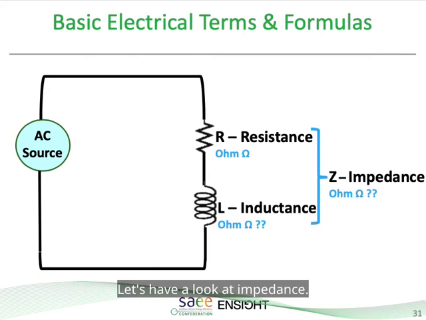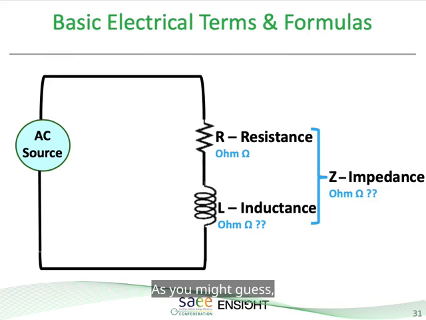Let's have a look at impedance. First, resistance is measured in ohms, and that is a resistance to flow of electrons. Inductance is measured in units called henries. The definition of 1 henry is simple. 1 henry is the amount of inductance necessary to induce 1 volt when the current in a coil changes at a rate of 1 ampere per second.